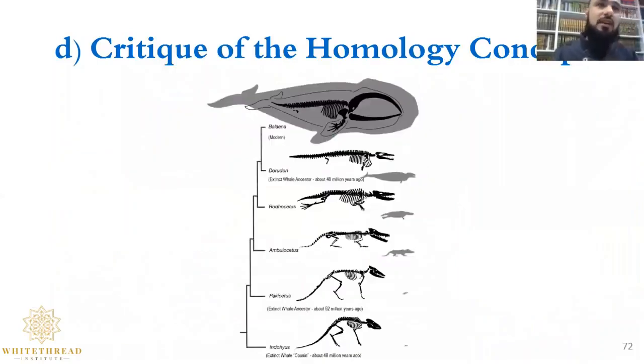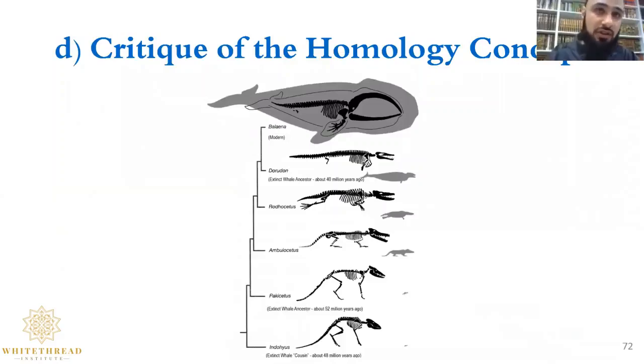And this is a famous icon of the fossils showing how whales evolved over about 50 million years from a land-dwelling animal, Indohyus. From that, the whales have evolved and become sea creatures. The way they construct this is based on bone structure.